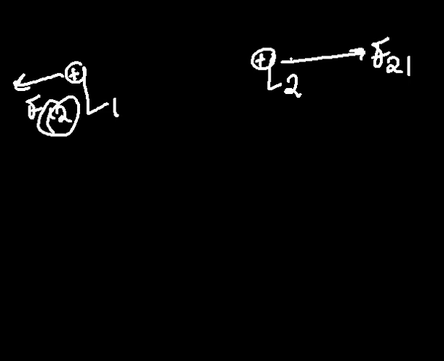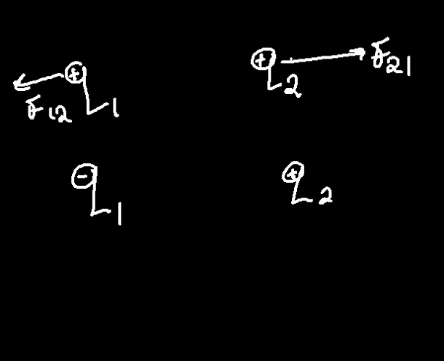But these forces are the same according to Newton's third law of motion. And now, what if we have unlike charges? Let's say this is the negative charge, and this is the positive charge.